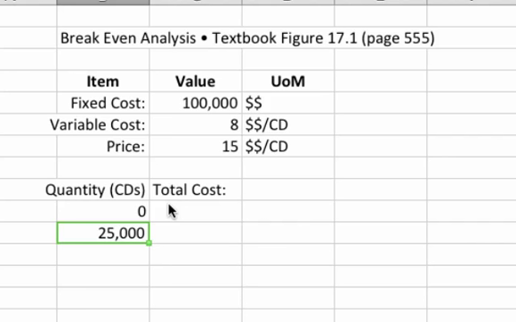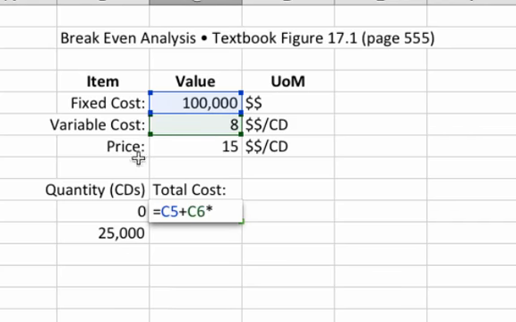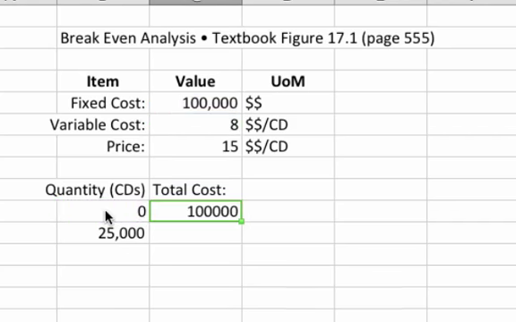Again, I'm just recreating the figure from the textbook. You can put any value you want in, and I'll show you how this is going to work momentarily. Our total cost here is going to be our fixed cost plus our variable cost times the quantity of CDs, so $100,000, which is what we would expect.